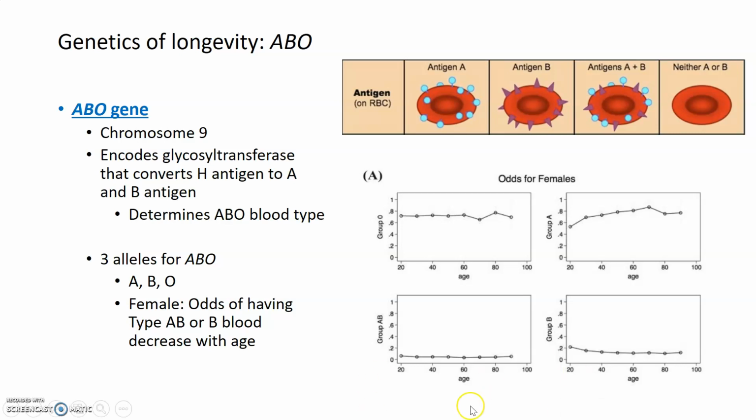And what you'll notice is that it seems that the chances of having AB or B blood, particularly for females, decreases with age.